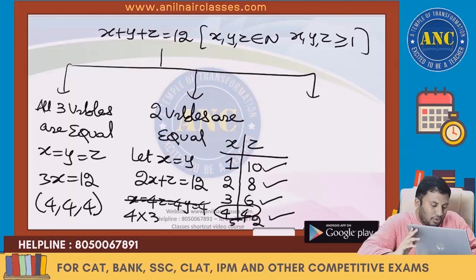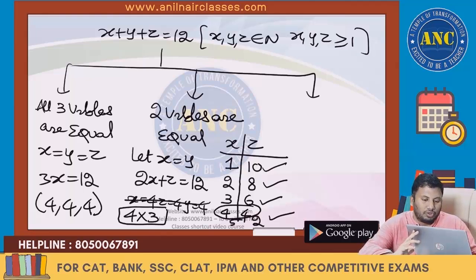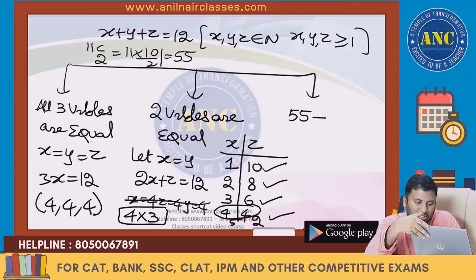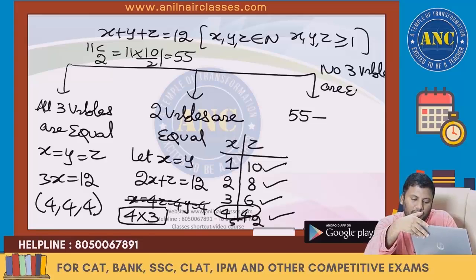x equals y, y equals z, z equals x, so 4 into 3, which is 12. The total number of solutions is 11C2, which is 11 into 10 by 2, which is 55. 55 minus the cases where... no 3 variables are equal.